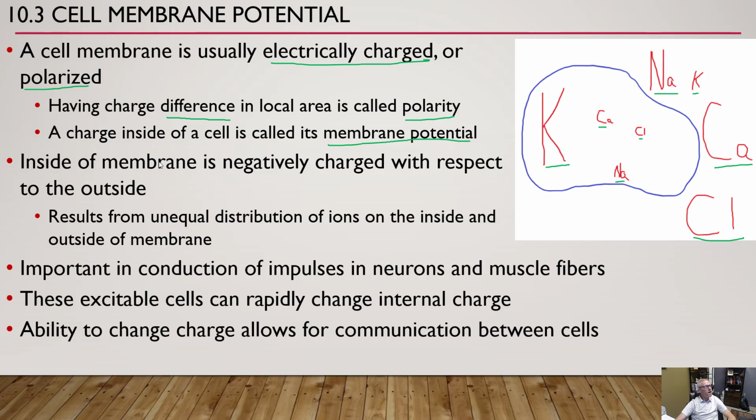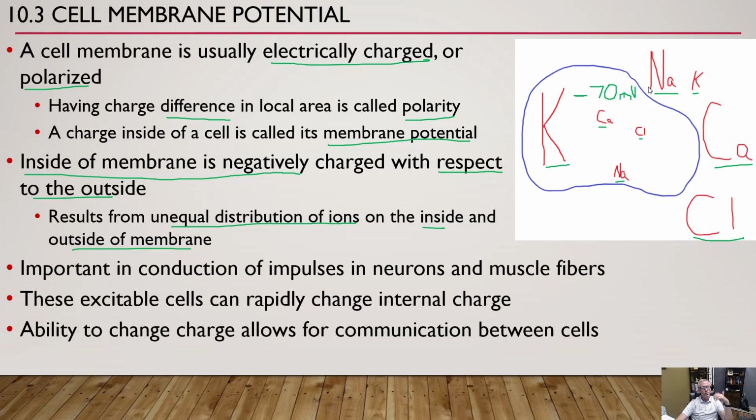What we find is that the inside of the cell is negatively charged with respect to the outside of the cell. That results from an unequal distribution of the ions from the inside of the cell to the outside of the cell. When the cell is at rest, when nothing's happening, the charge is negative 70 millivolts inside the cell.